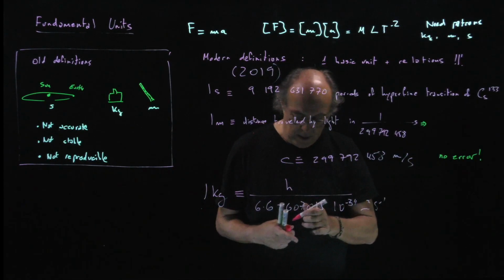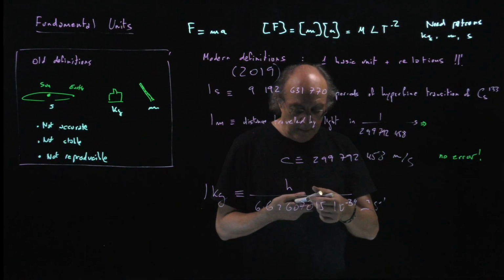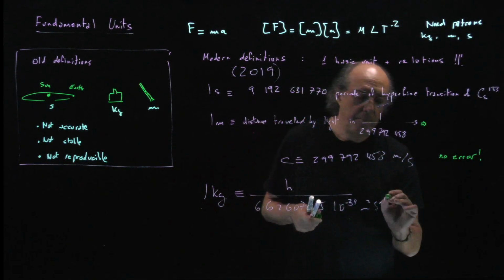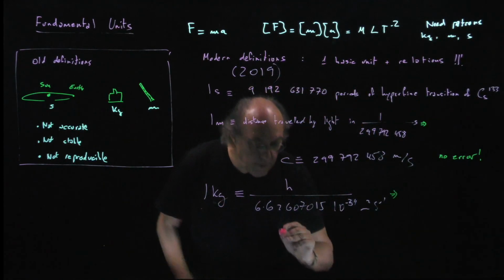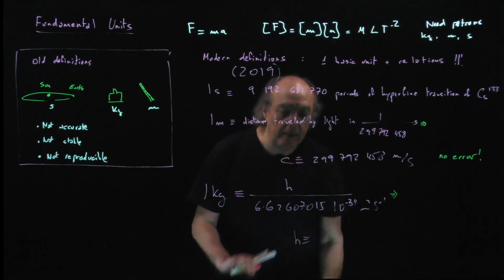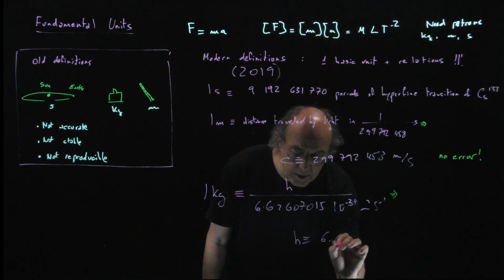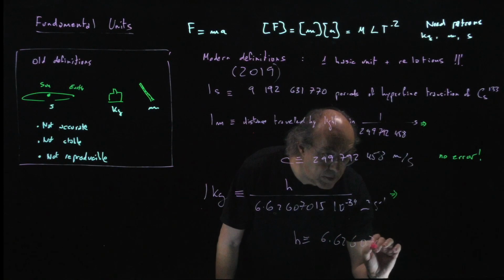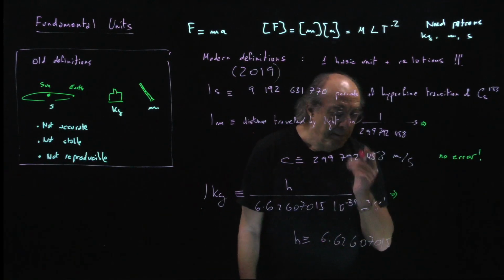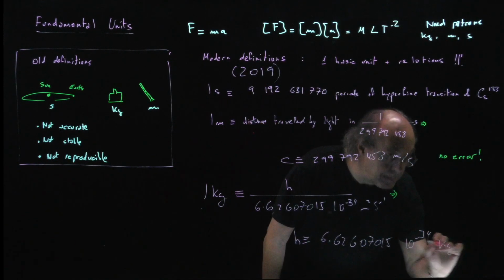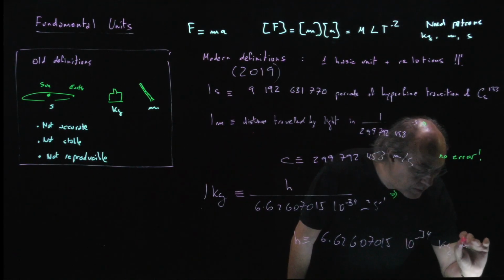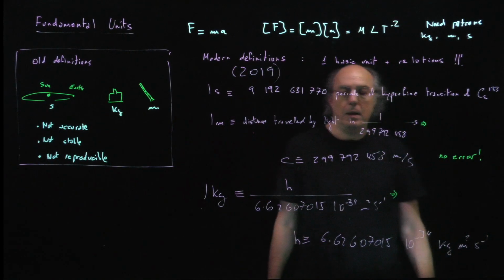This is tantamount, okay, to defining h. And then h is defined exactly as this quantity, 6.62607015 times 10 to the minus 34 kilograms meters squared per second.